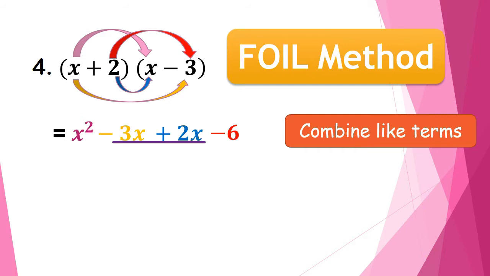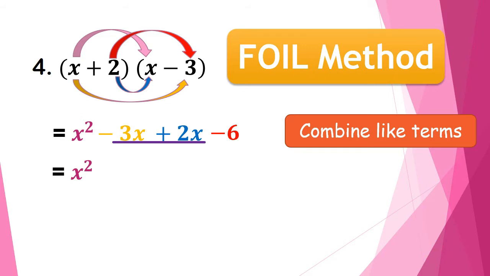Pareha sila ng variable at meron silang imaginary 1 na exponent dito. Now, let's combine like terms. What will happen dun sa walang kaparehas? Just copy. So it will become x squared. Copy x squared. Then let's combine like terms, negative 3x plus 2x.